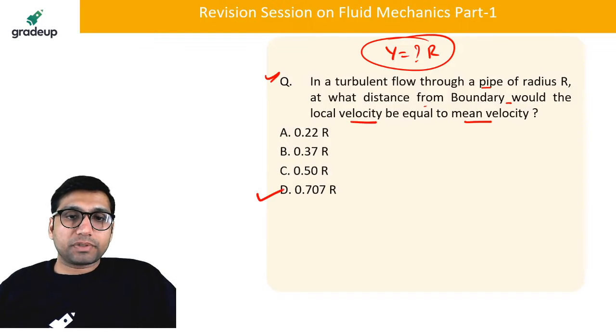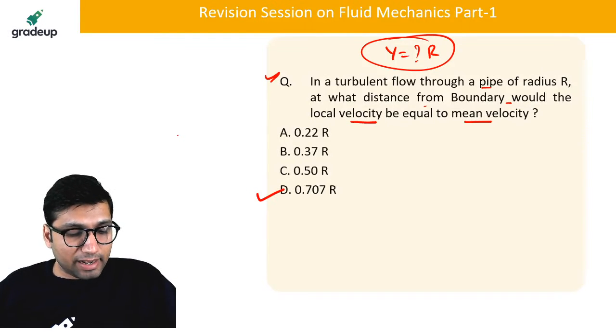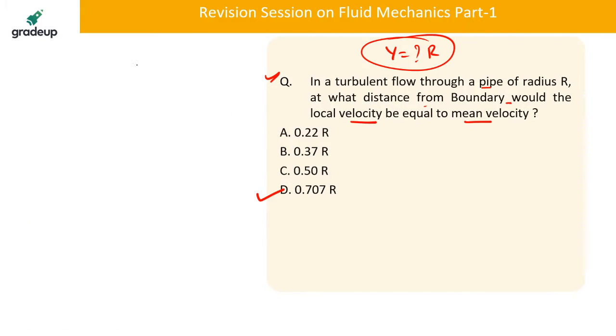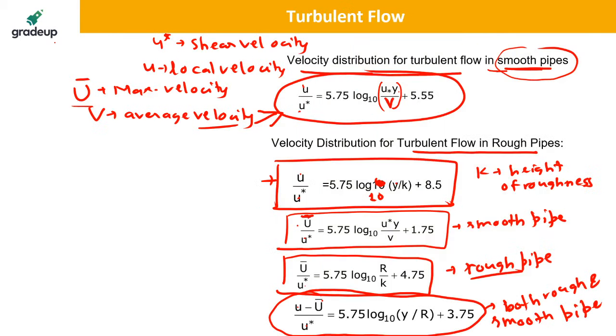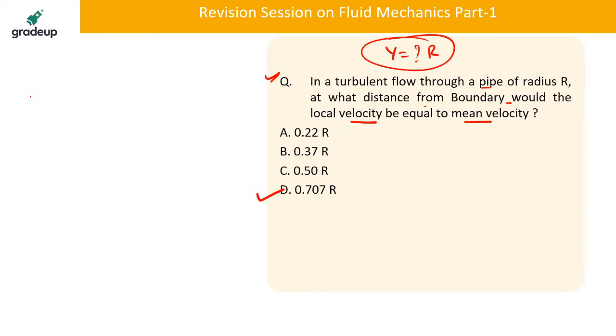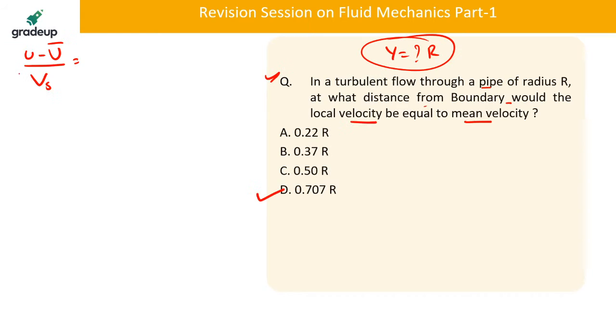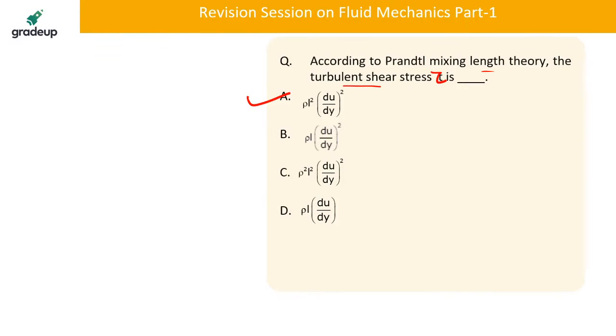So the answer will be option D for this question. Very good, Shivani Rai, Deepak Kumar Shah, you have given the right answer. So how can you solve this question? I have just told you one relation, and you have to use it: (u minus u bar) divided by shear velocity is equal to 5.75 log base 10 of y by r plus 3.75.